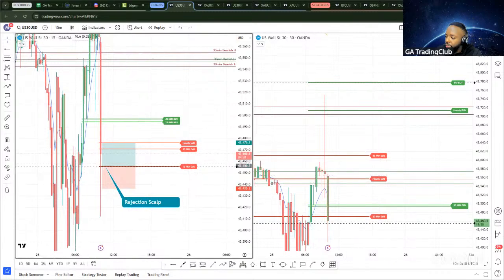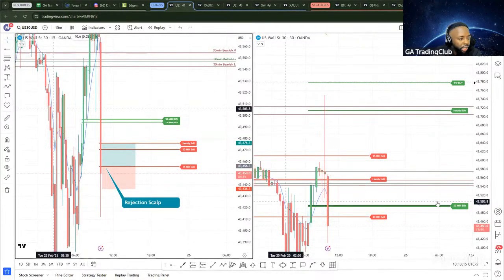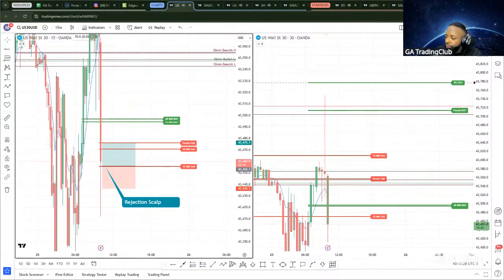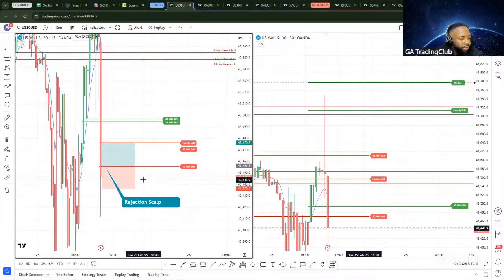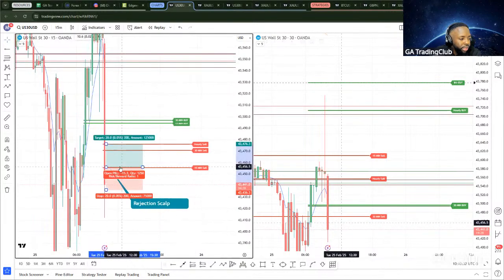Okay, so let's see if that's tagged in. And okay, got an alert. Let's see, keeps going, nice. Let's see if it gets another tag. We need a nice push above this area, so I'm just watching it.